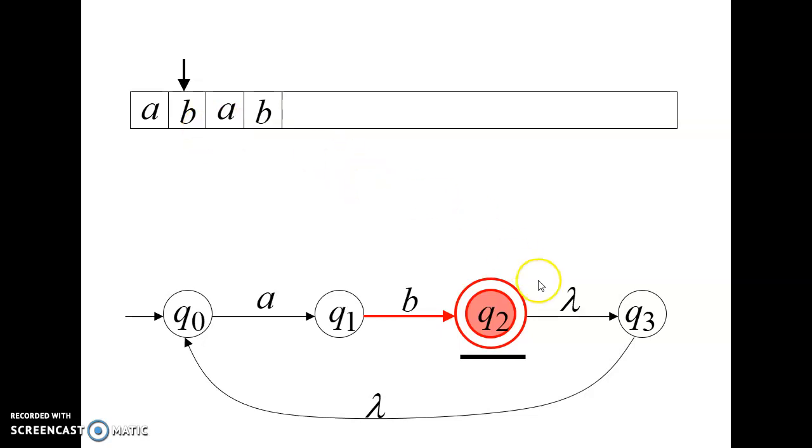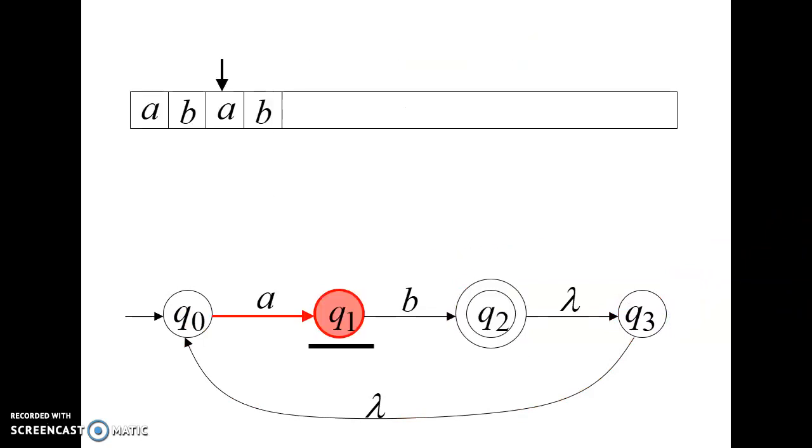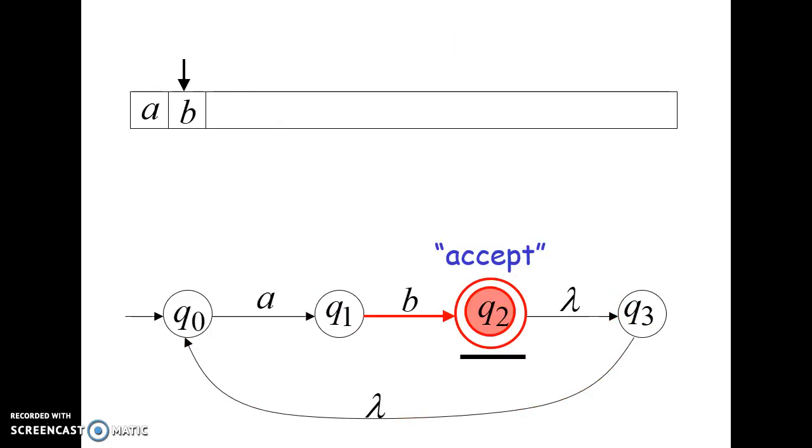So we take the lambda transition and move from Q2 to Q3, anticipating maybe there is another transition, or maybe we could read something from the string, but nevertheless we move. So we get to the state Q3. Let me come back.